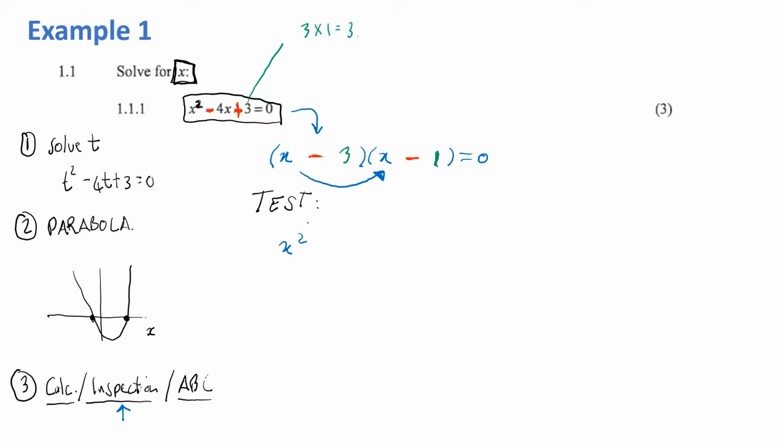What I'm doing in the test is I'm reversing this solution and I'm checking whether I get this initial problem, right? So I multiply the x's with one another. And the next step, I have to multiply this x with that 1.